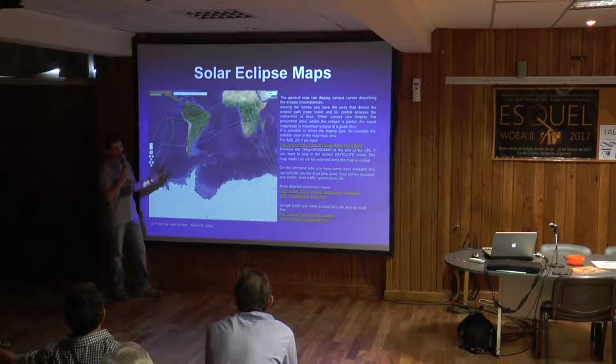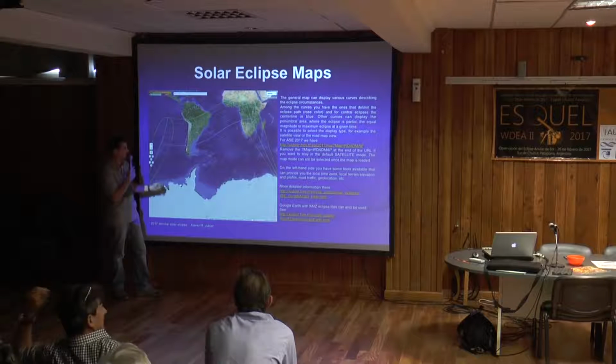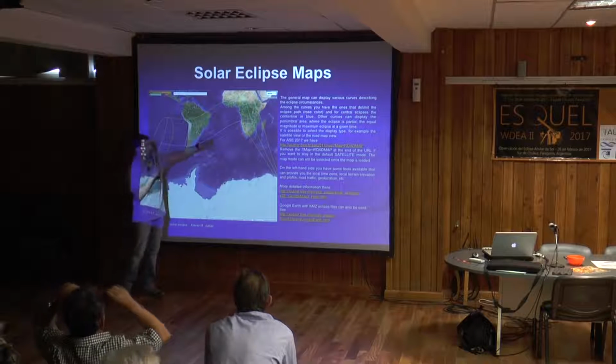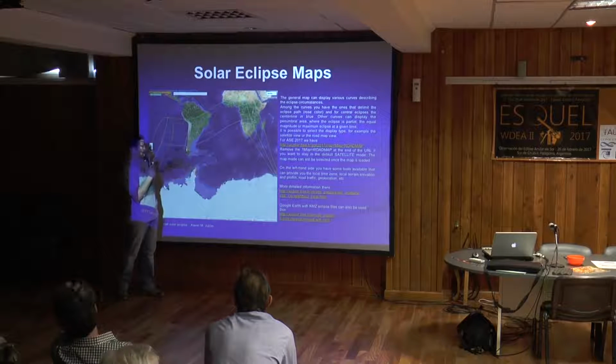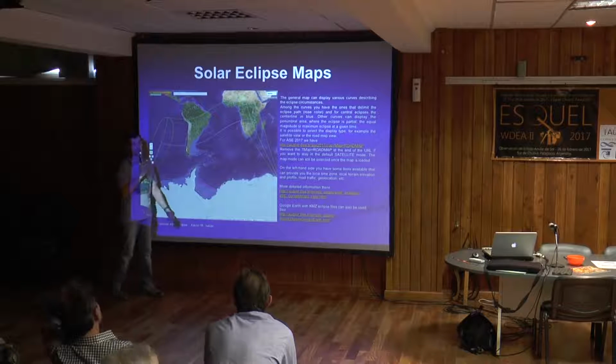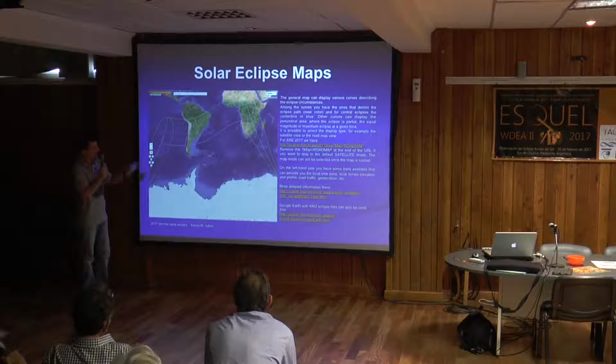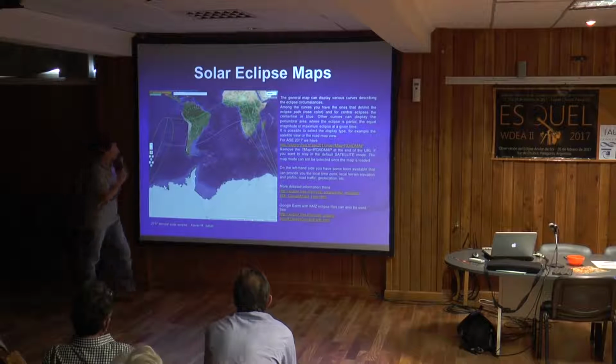But duration is not the most important, in my opinion. And again, for this eclipse, the longest duration is not near this point. In fact, the longest duration is over Argentina. But it depends on the eclipse.